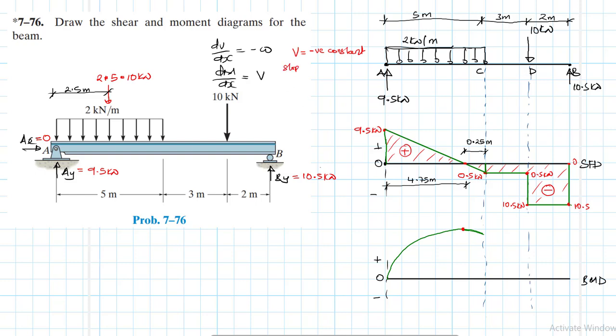So we expect the slope for moment also to be negative constant, to have a negative constant. All right. So we expect this to be from this point, okay, it is going to be a negative value, but we need to calculate it, right?